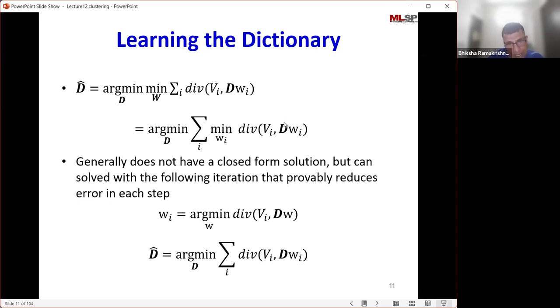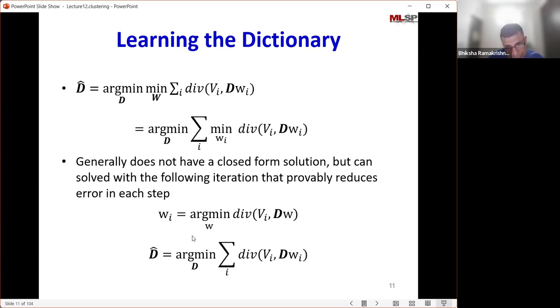In the first step, I can initialize the dictionary and solve this inner minimization for each training instance. That's going to give me a Wi for each training instance. In the second step, I can fix the Wi's and find the D that minimizes the total error.